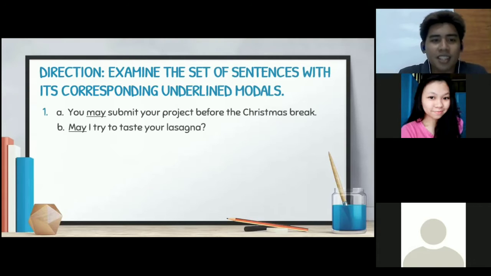The first set of sentences: you may submit your project before the Christmas break. And second, may I try to taste your lasagna? What did you notice in the first set of sentences? Yes, Valine? The sentences are using the modal verb may. Great.